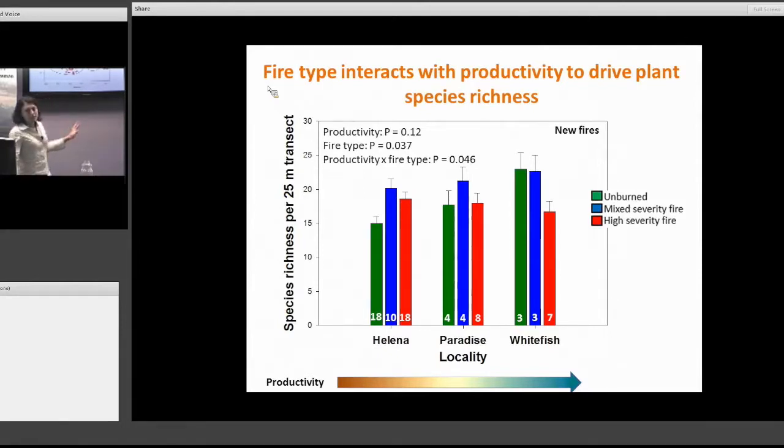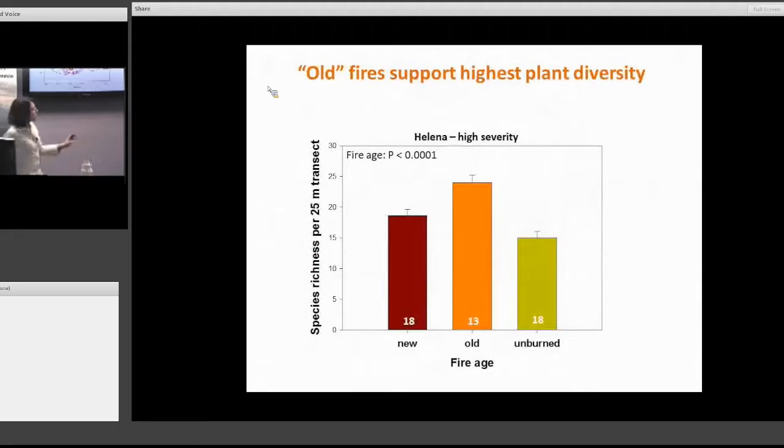If we just look at Helena, because we have the most data so far, you can see that high severity fires have the lowest beta diversity, mixed severity fire intermediate, and unburned has the greatest beta diversity. So we'll be excited to see what happens when we process more of those transects in Paradise and Whitefish, if we see more similar or different patterns.